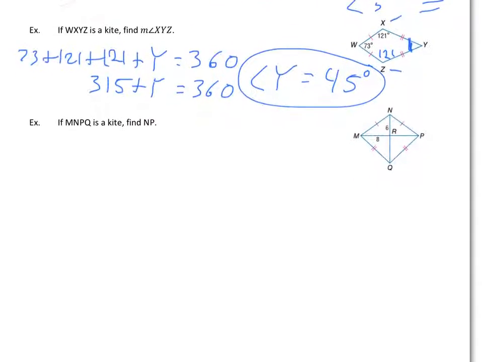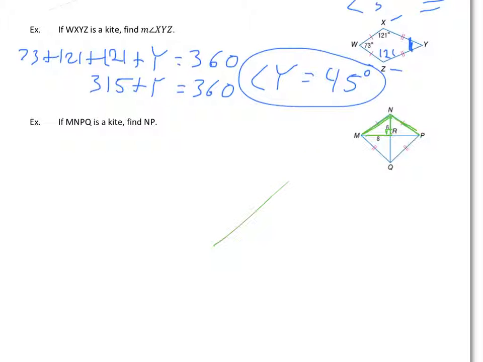Okay, we have a kite. Find NP. Tricky question. NP is this side right here. Notice that it's congruent to this side. We do know that 6 is the length of this segment and 8 is the length of this segment. What we find is we have a right triangle. It's a right triangle because the diagonals of a kite are perpendicular.